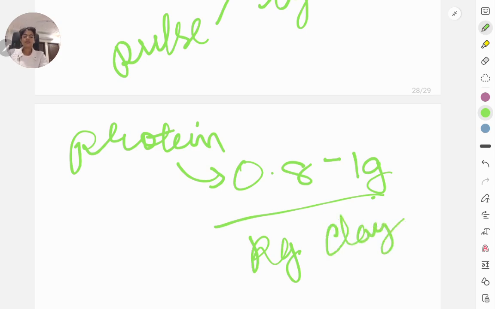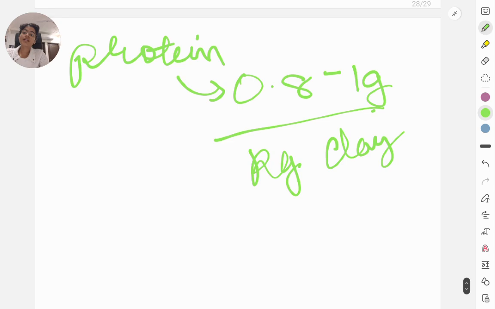This is the amount of protein that should be taken. Now the animal protein is the superior one. Keep in mind, the superior protein is the animal protein, or superior amino acids are from animals, and the superior fatty acid is from vegetable oil. Clear?